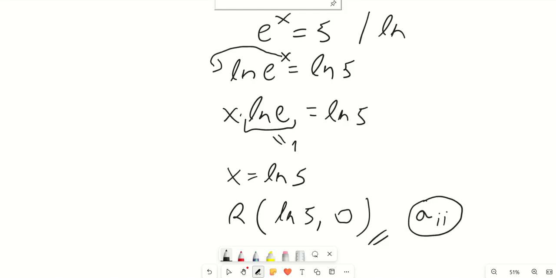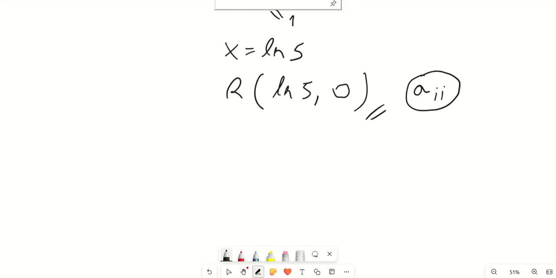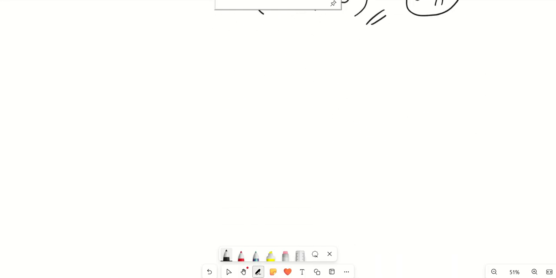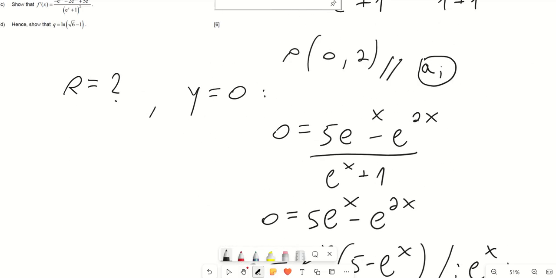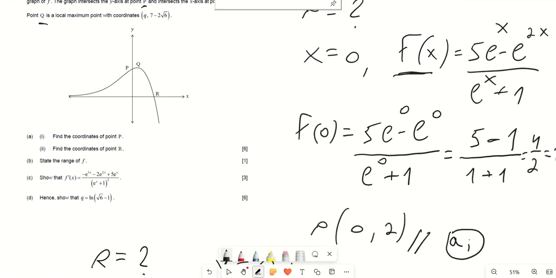Now moving on to part B. Part B, we are asked what is the range of f. So in order to answer that, I can just look at the given function. Here it is.